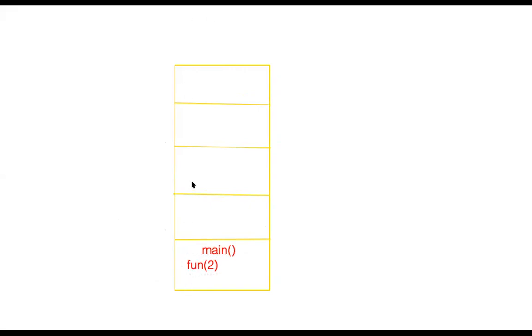Fun of 2 will be called here. Now when fun of 2 is called, n is 2. When n is equal to 2, the else gets executed, and in the else we have 2 into fun of 3.